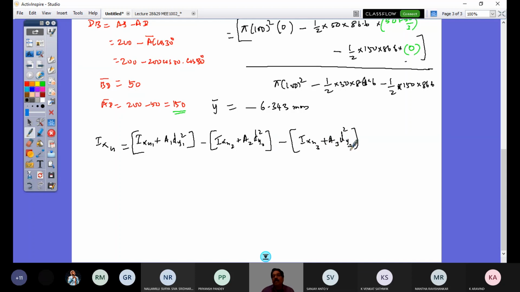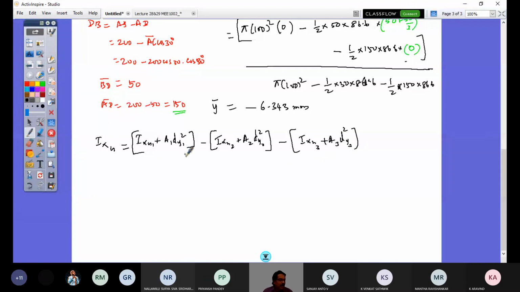What is this dy3? It is for the third area, the triangle ACD. In that triangle, what is my centroidal axis? The parallel distance between that and the xg axis is the meaning of this dy3.